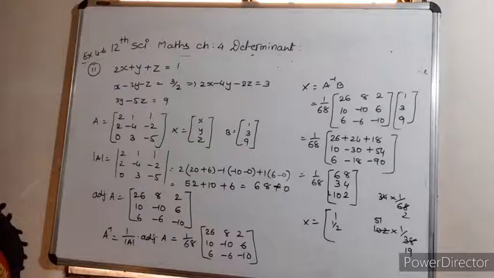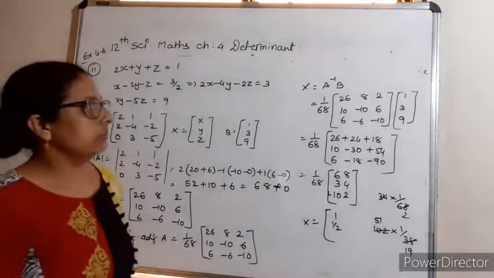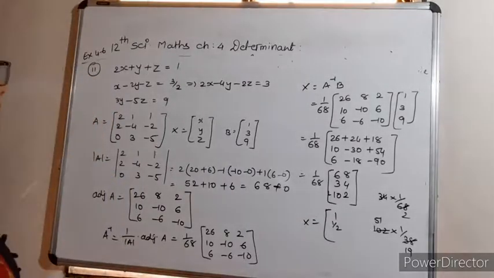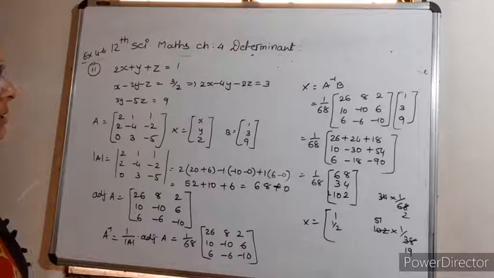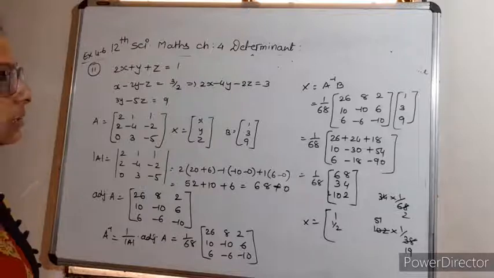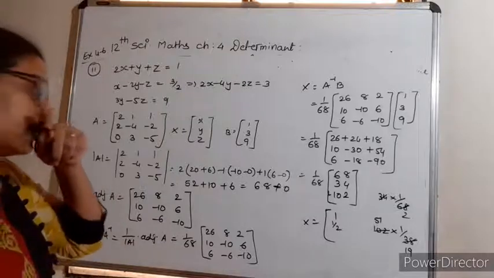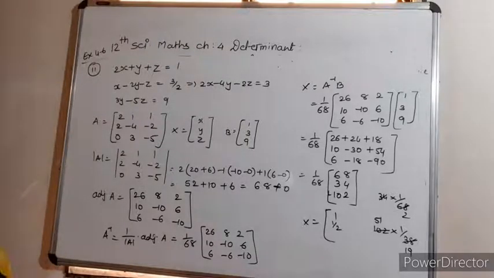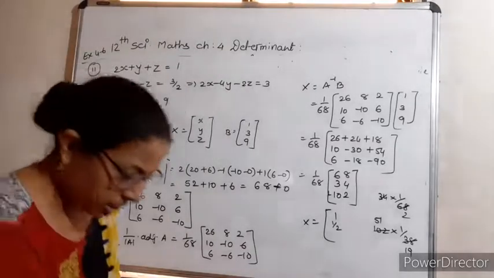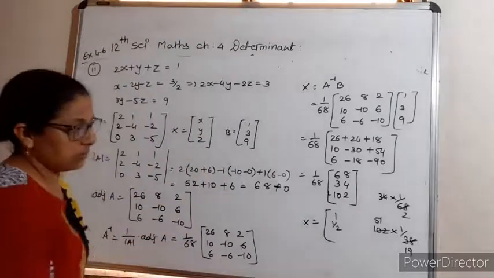So 6 minus 18 minus 90, 139, okay, so it is right, and last is 6 minus 12, so it is 102. So the answer is minus 3 by 2.